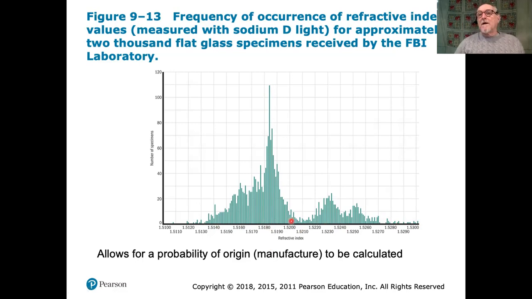And a forensic expert who has determined a refractive index for a piece of glass can come to this database and know, for example, that their refractive index is this here, I don't know what it is, 1.51 or whatever, then at least the FBI would be able to tell them, well, here is a list of glass samples that we have tested which had that same refractive index, and here are their manufacturers, and here are the batch numbers, etc., and the dates they were manufactured, and all the rest of it.